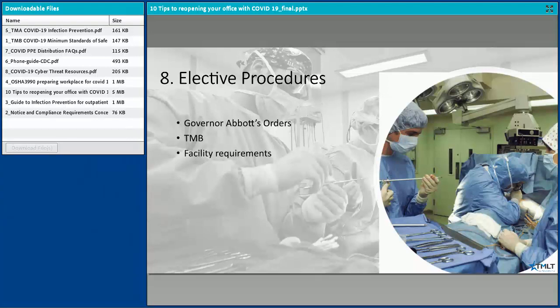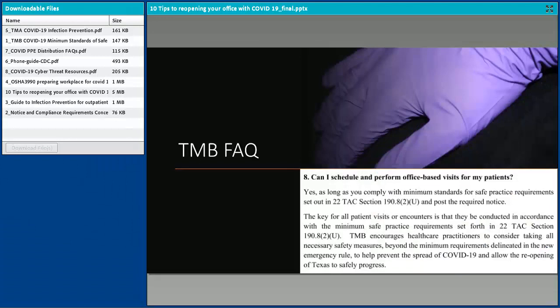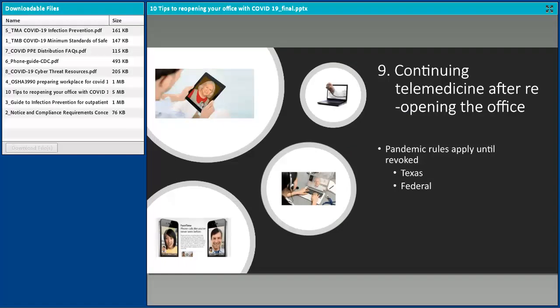The biggest question, though, that we seem to be getting was actually addressed in the TMB frequently asked questions about scheduling office-based visits and procedures. And you can certainly do that as long as you're maintaining your safe practices requirement set forth in the rule that we've already discussed.